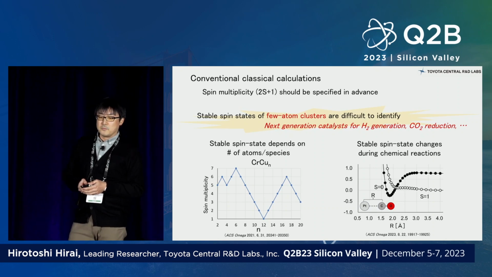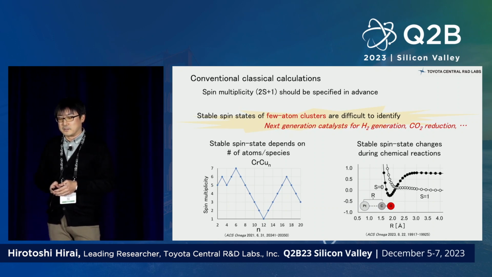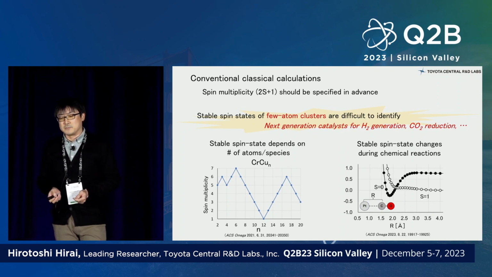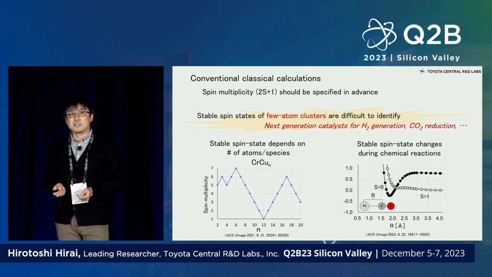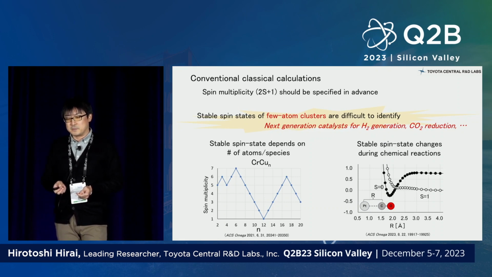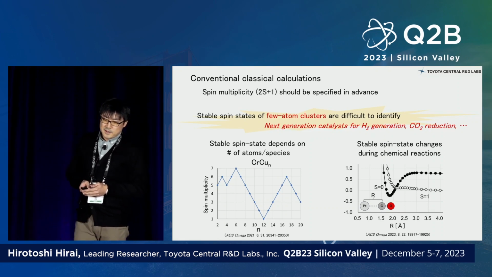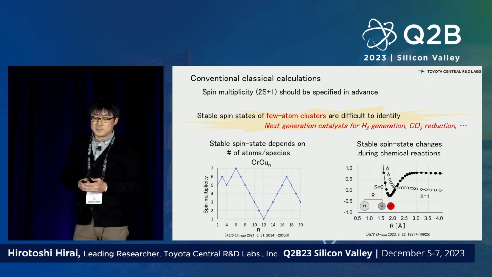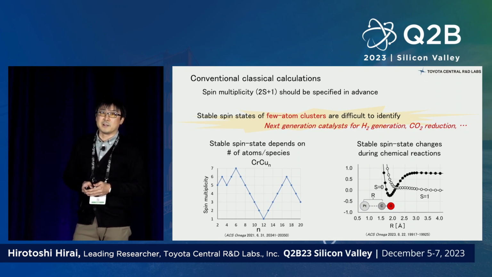In conventional classical calculations on classical computers, we have to specify spin multiplicity in advance before the computations. So we have to write down the spin multiplicity in the input file for the computation. However, in some cases, the stable spin state is difficult to identify.